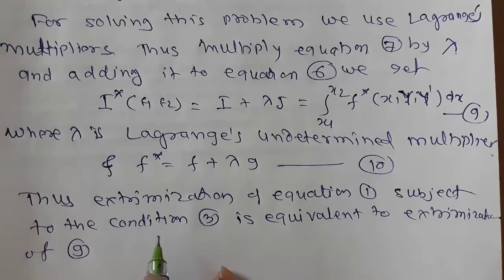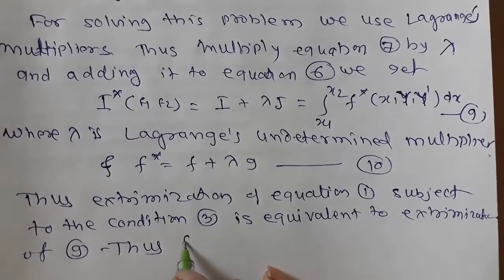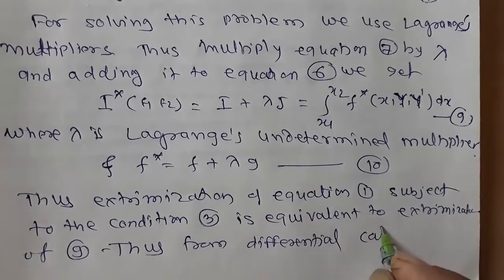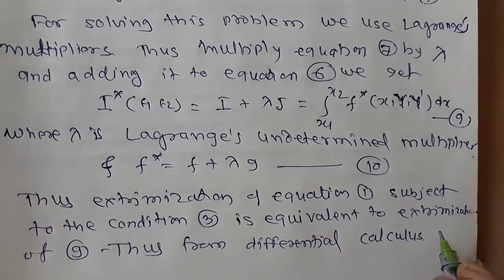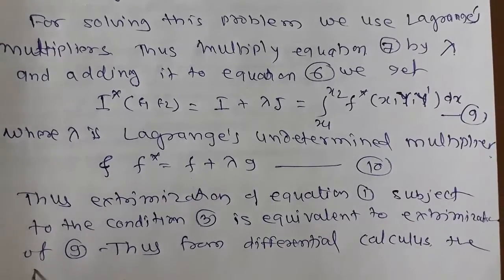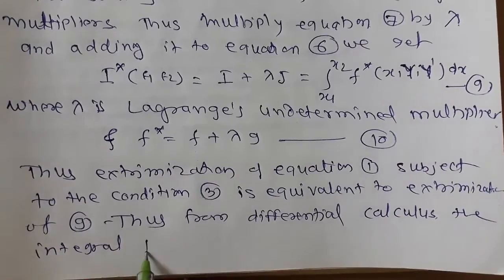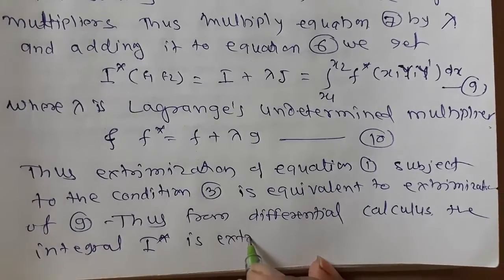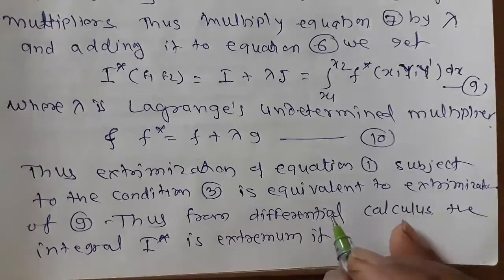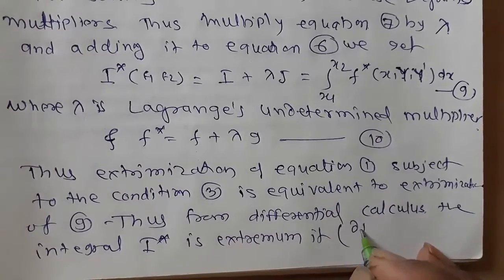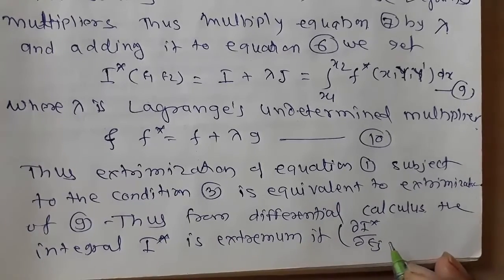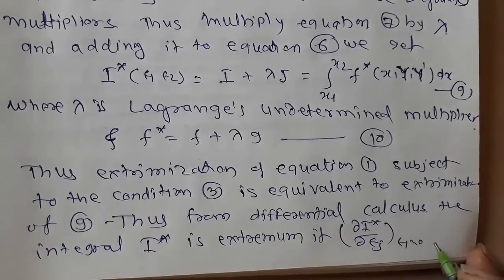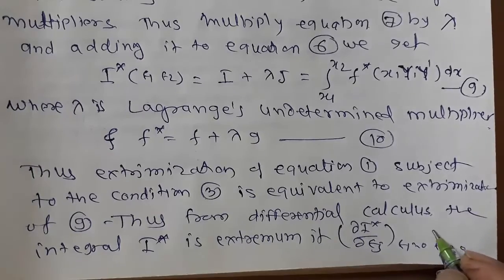Thus, from differential calculus, the integral I star is extremum if dou I star by dou epsilon j for epsilon 1 equal to 0, epsilon 2 equal to 0 is 0.